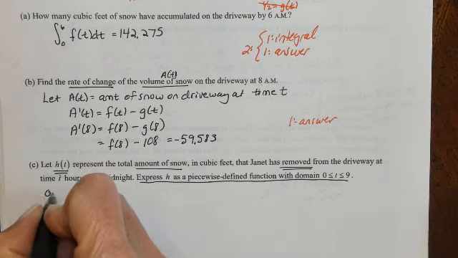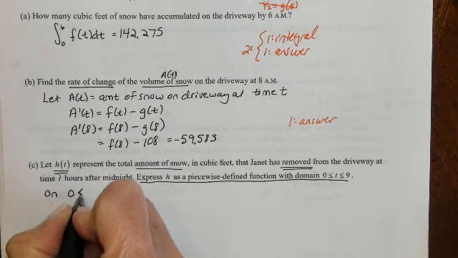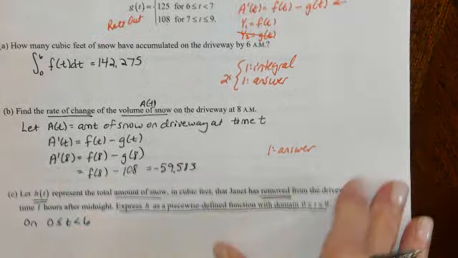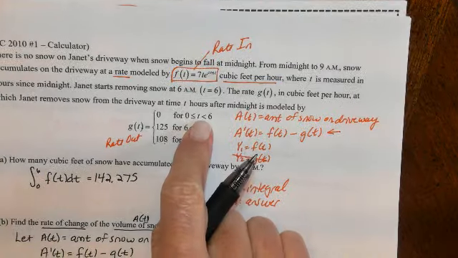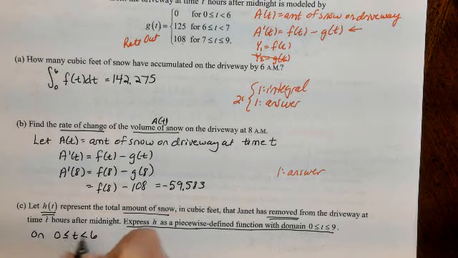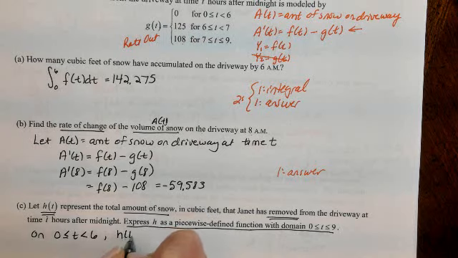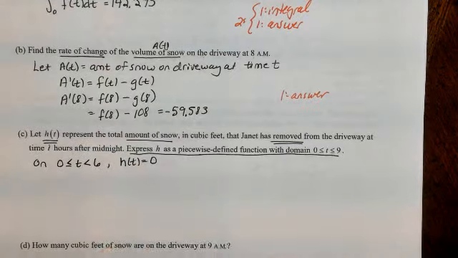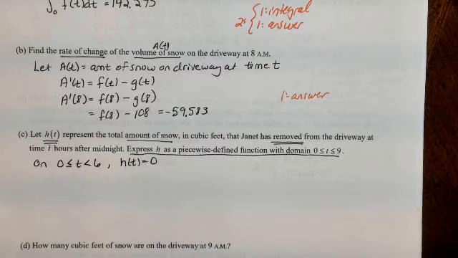So on the time from 0 to 6, I'm not including 6 because I'm looking up here and saying that didn't include 6. On 0 to 6, h of t is equal to 0. I'm going to write that here, and then at the end I'll write it as a nice piecewise function with a nice little one-sided brace.